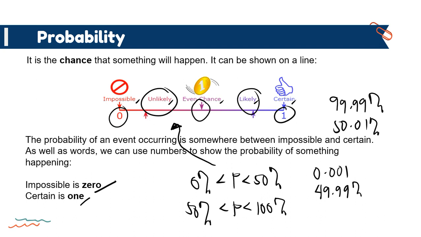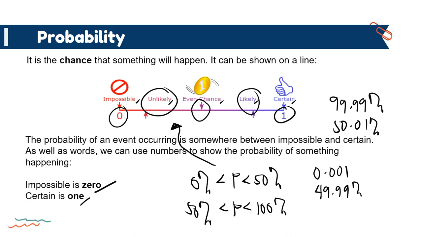So, lahat ng greater sa 50 at lahat ng less than sa 100%, that is what we call likely to happen. Okay? So again, we have 5 probability line. We have impossible, 0% to happen po yan ha. And then certain, 100% to happen. Even chances, 50-50 or 50% to happen.